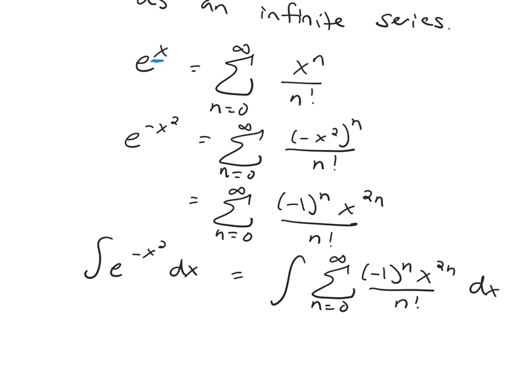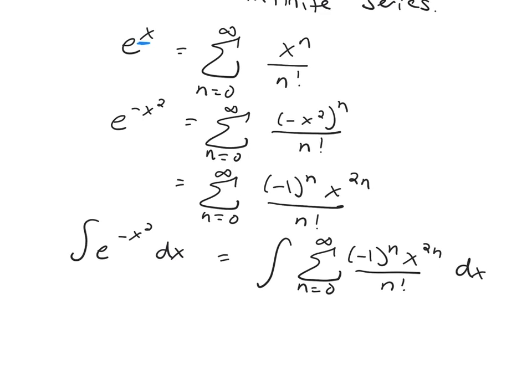Now here's the part where you do whatever works for you. If you need to write out the terms, then write them out. But you could also just integrate this. Your integrating variable is x, you have a dx there, so the only thing you're really integrating here is this x to the 2n.